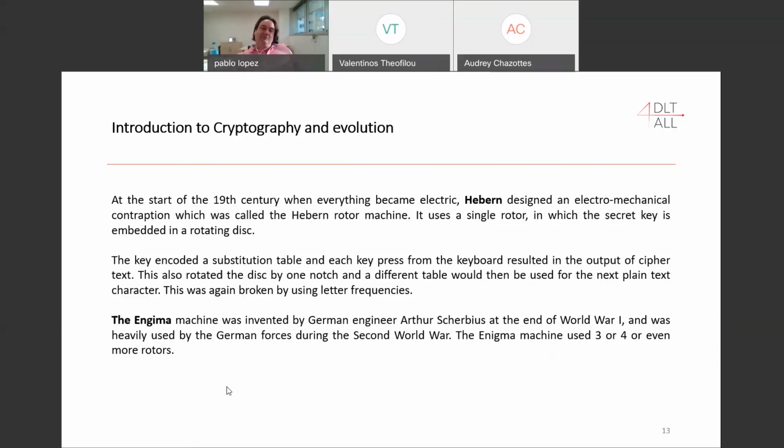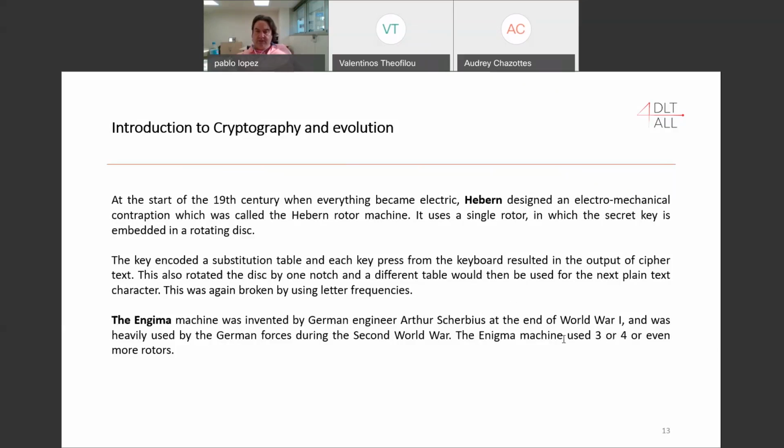machine in cryptography, and that is the Enigma machine. I'm sure that most of you know what the Enigma machine is, how it was created and what its purpose was. Does any of you want to participate and tell us about the Enigma machine?